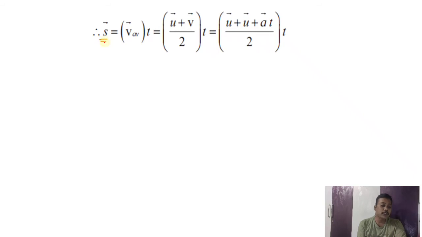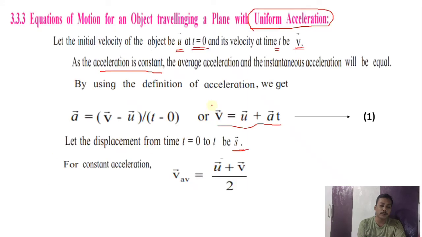To find s bar, we use the formula for velocity. Velocity is equal to distance upon time, so displacement is equal to velocity into time. So I take average velocity into time, and put here average velocity u bar plus v bar upon 2 into t.